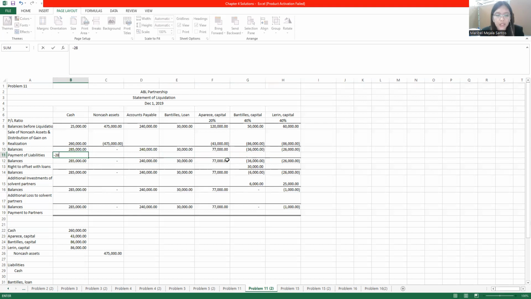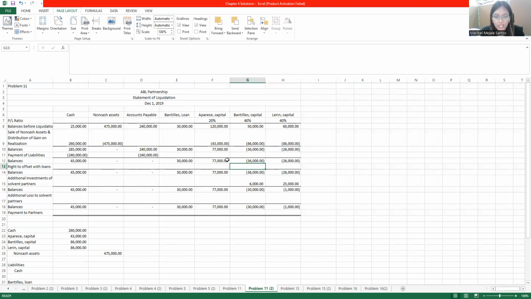Take note, outside creditors first. So this is 240,000 and then 240,000. Upon payment of liabilities, our cash is now equal to 45,000. Our loan to B is still 30,000.